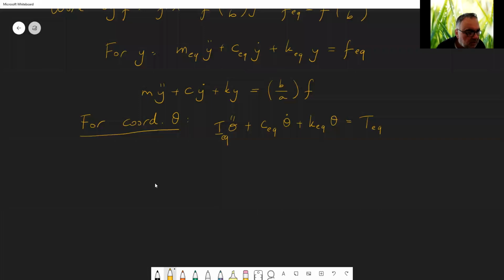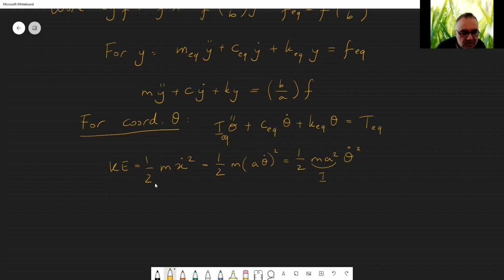So the kinetic energy, which is 1 over 2 m x dot squared, where x dot is a theta dot, is 1 over 2 m a squared theta dot squared. And this is the I equivalent, therefore.